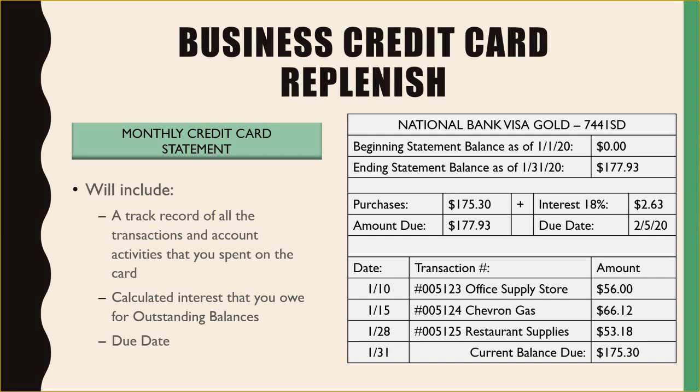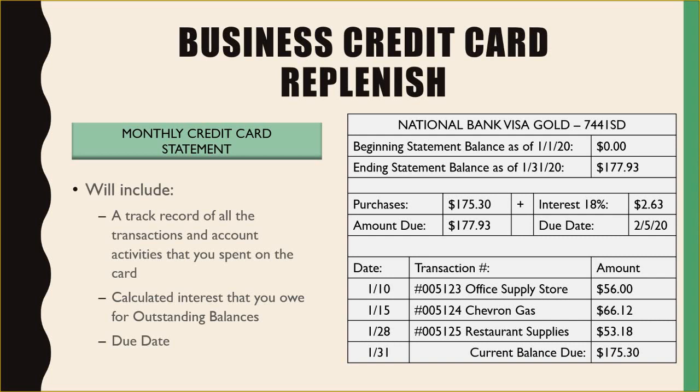We'll talk about interest in tomorrow's lesson in chapter 10.2, where we talk about interest and the time value of money. Right now, that is exactly what I'm being charged here, $2.63. So that is exactly why now I owe $177.93. And here's the due date. It's due the 5th of February.